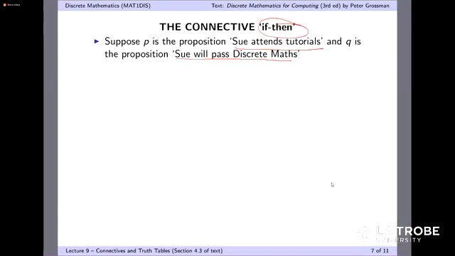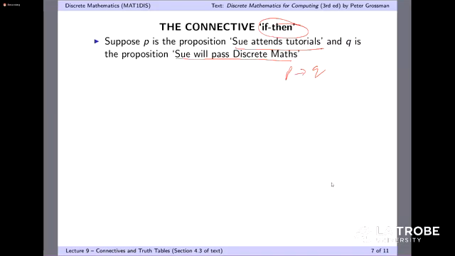So if Sue attends tutorials, you do the arrow and you assume she passes. So P arrow Q. How would you read it? If P then Q. What does that mean in proposition? What would be the compound proposition? If Sue attends tutorials, then she would pass discrete maths. Yes. Okay. So this is precisely the way we want to read it.